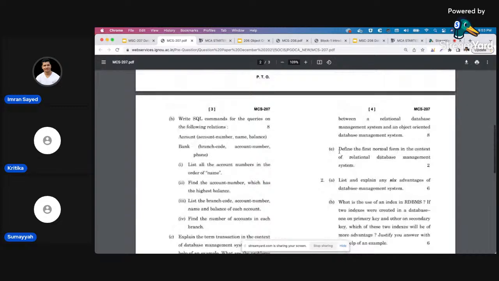It talks about differentiating between a relational database management system and an object oriented management system. So a relational database management system is based on entity. So an entity is used which contains the related rows and columns, and in object oriented programming an object is used.